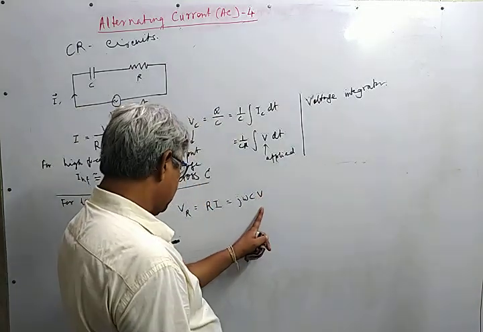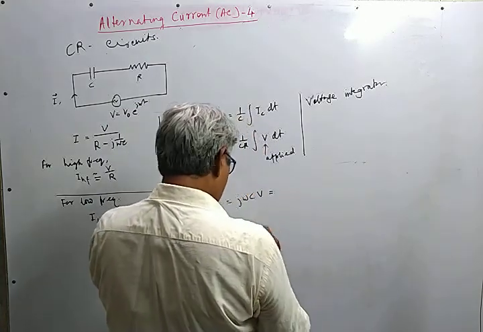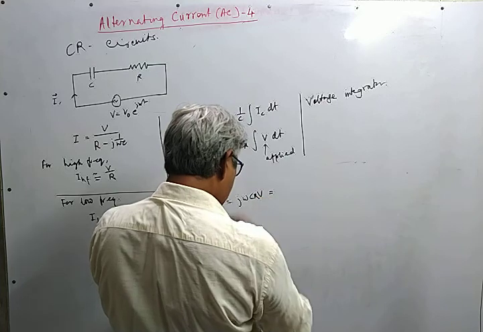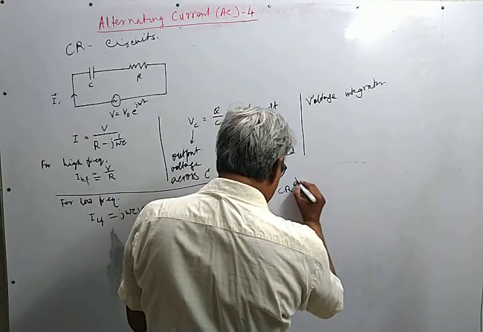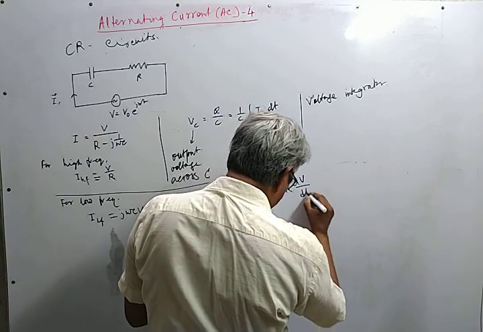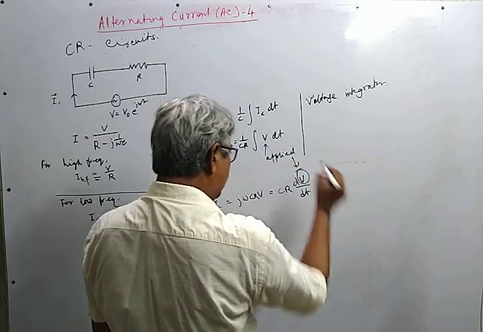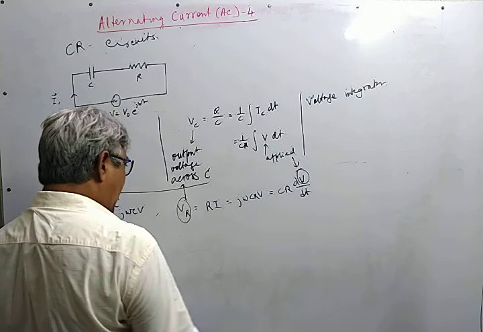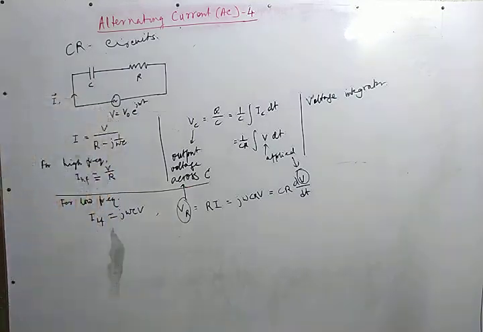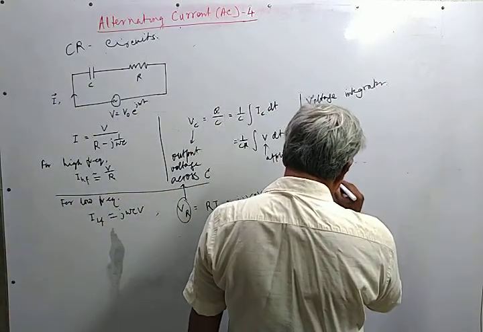Since this is a sinusoidal voltage, we can write it as dV/dt. So here again it is the applied or input voltage, and this is the output voltage. If we measure the voltage across the resistor, it behaves as a voltage differentiator.